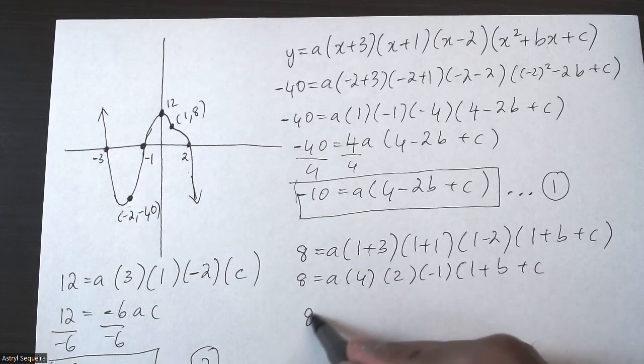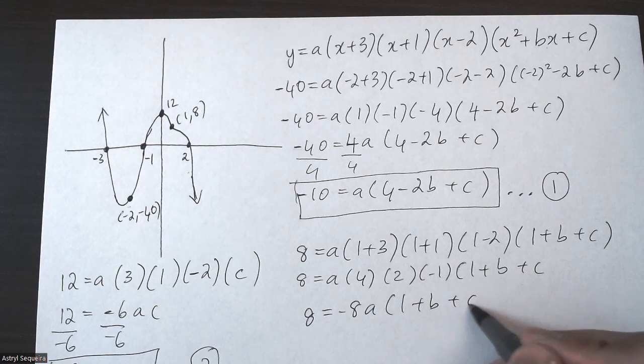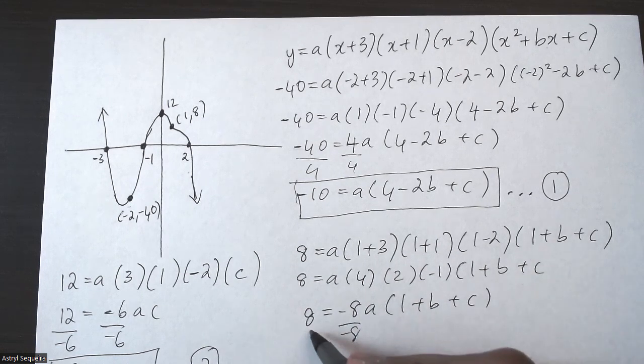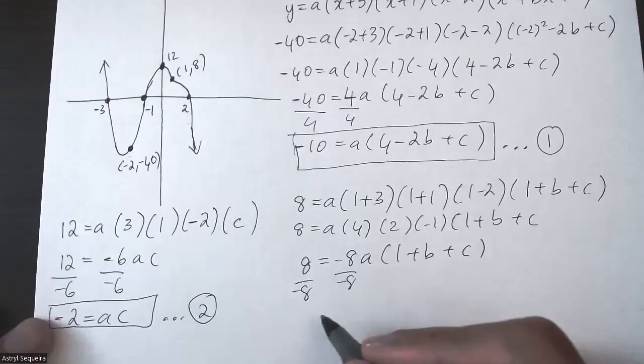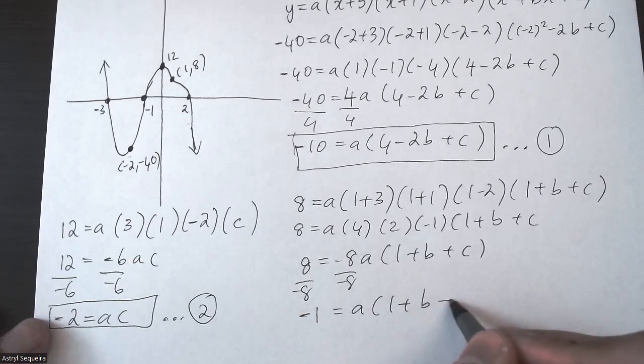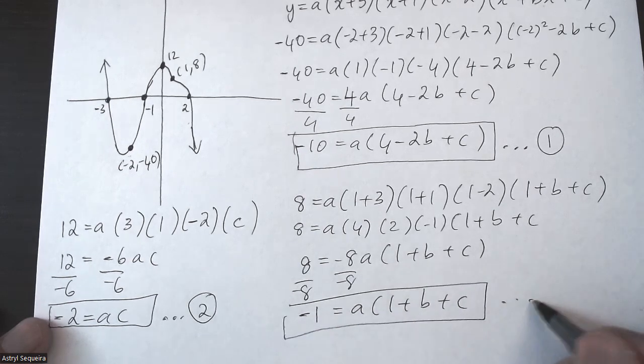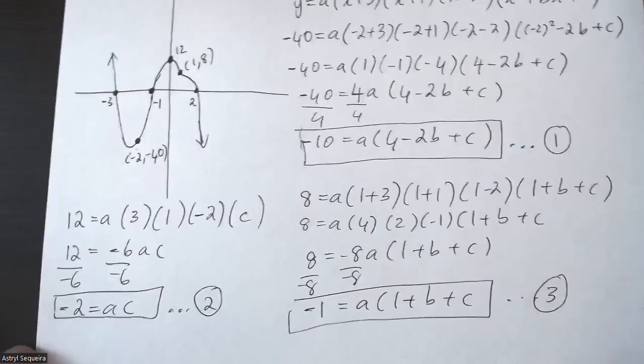Multiply the fronts, and then divide by -8. So -1 equals a times (1 plus b plus c). This is my third equation.